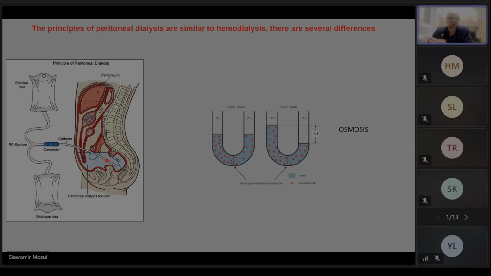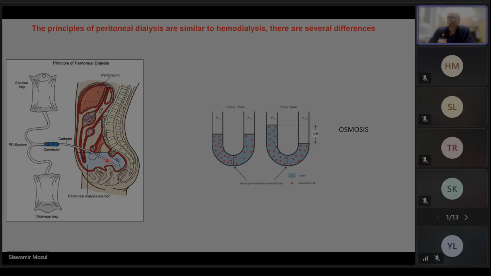The patient usually pours 2 liters of fluid into the peritoneal cavity, and after 6 hours pours out more, for example, 2,400 or 2,500 milliliters. And in this method, metabolic acidosis is corrected by adding lactates to the dialysis fluid.